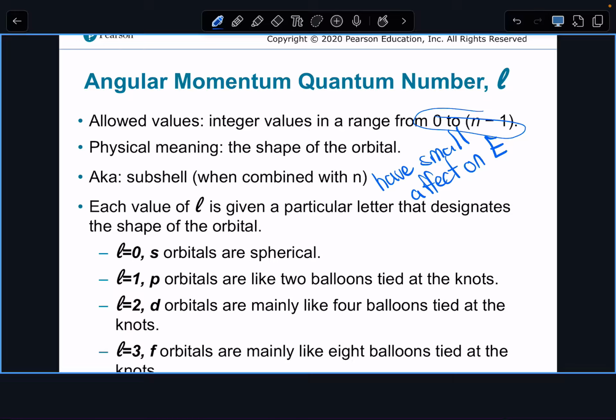Or this one would be the 4d subshell. Again, the letter designation for L just makes it easier to talk about. Okay, and then the energy is changing as well because of the shape.